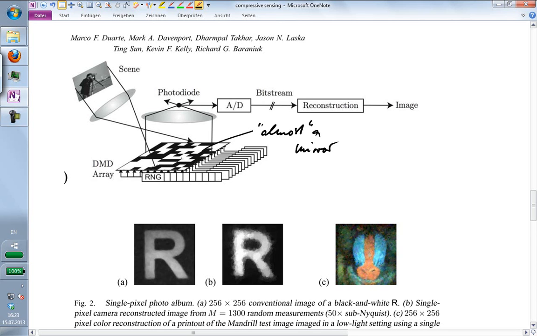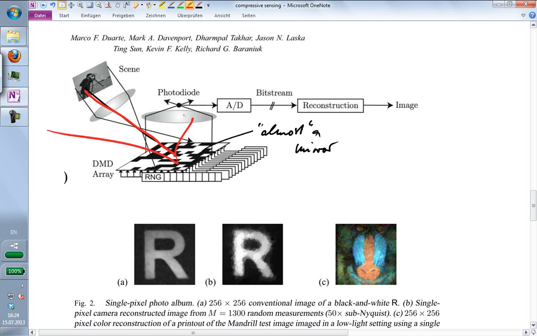But really, this mirror consists of elements that can be switched individually. And some of these mirrors, so let's say the white elements, will be adjusted such that the light coming from the scene is reflected onto this photodiode, whereas let's say the black elements, they are deflected, they just go off somewhere.